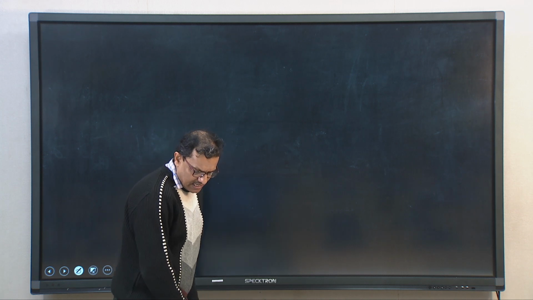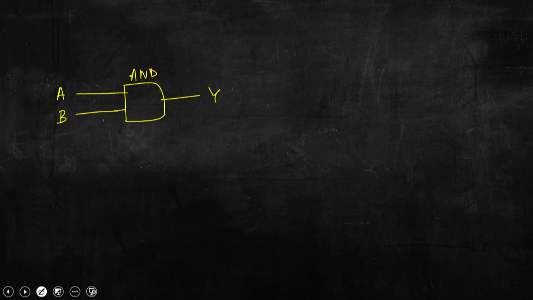If we write the AND gate symbolically, AND gates are like this. The output is Y, it has 2 inputs, say A and B, and this is the AND gate.